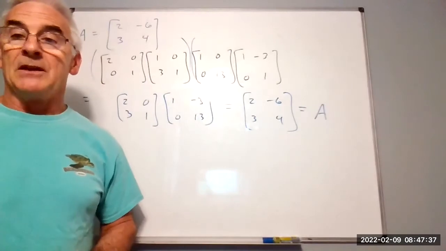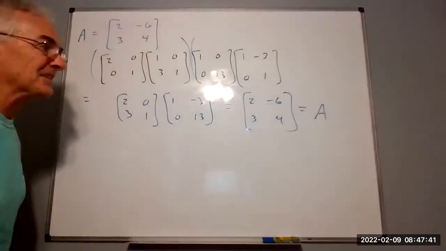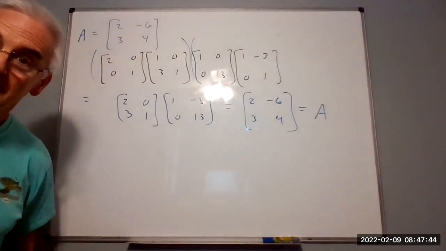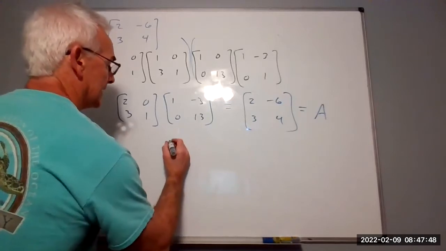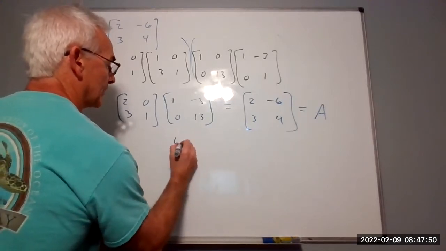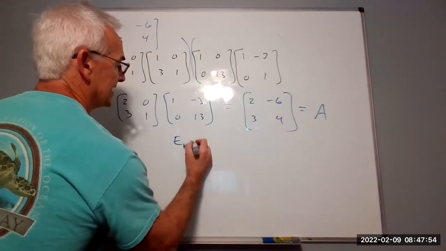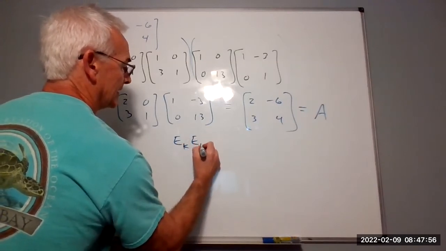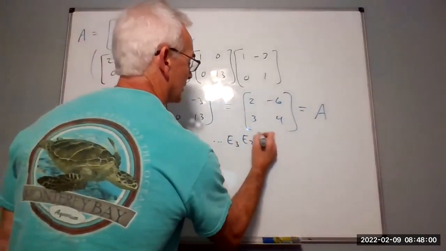That's what we got. So once I figure those out, then I can rewrite A as the product of the inverses, which is crazy. So if the following was true, if I said A, or let's say Ek minus 1, dot, dot, dot, E3, E2, E1.